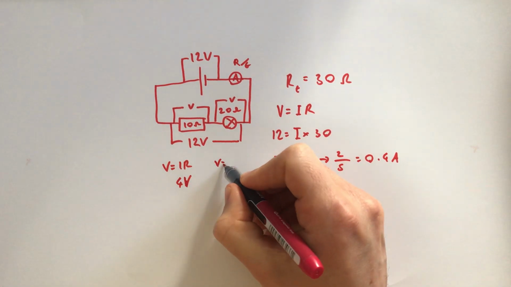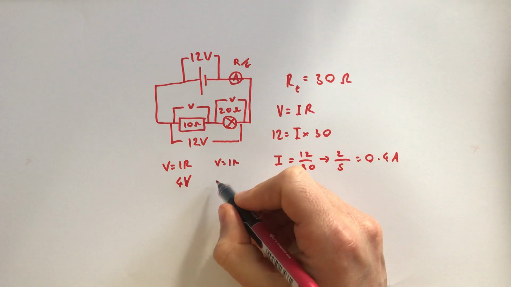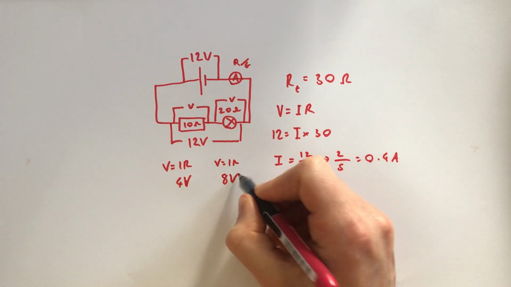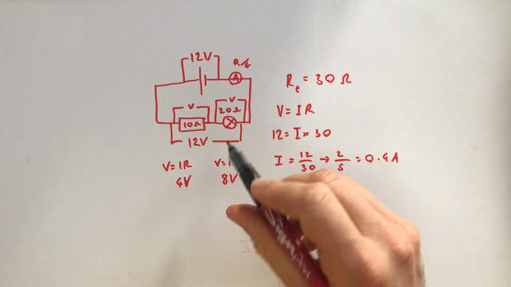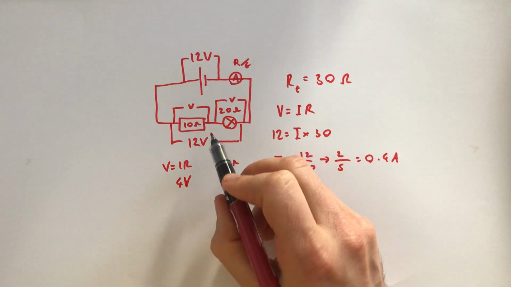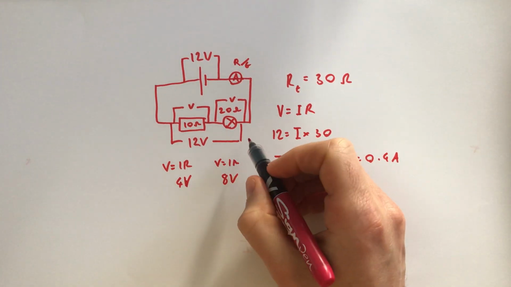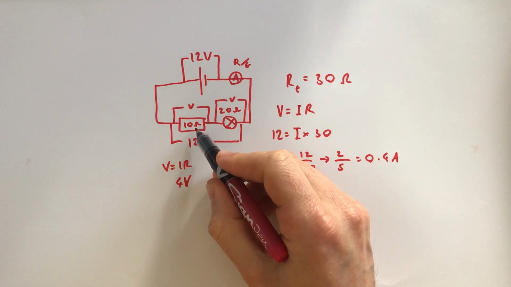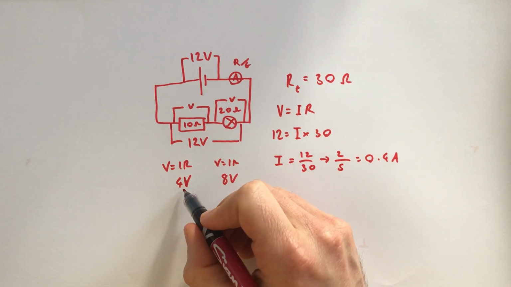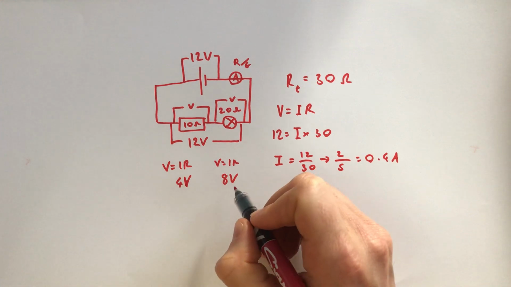Same kind of thing, V equals IR, and for that voltage, we're looking for current 0.4 times 20, which gives us 8 volts. And if you notice, two different things. These sum up to give this, of course, but also these are divided in the same ratio. So here, this is 1/3 of the total resistance, this is 2/3 of the total resistance, and you can see you get 1/3 of that voltage and 2/3.